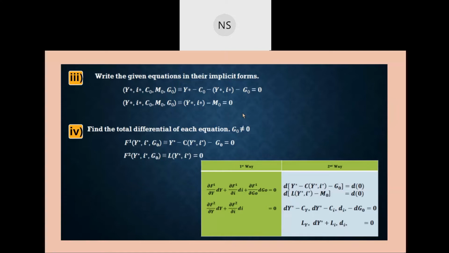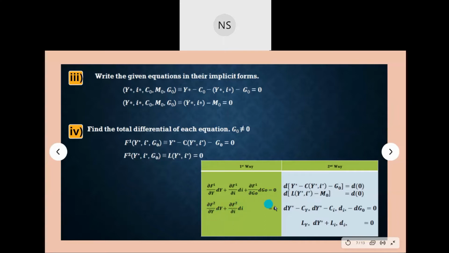The answer for equation 1 is delta F1 divided by delta Y dy plus delta F1 divided by delta I di plus delta F1 divided by delta G null dG null equal to 0. And for equation 2 it is delta F2 divided by delta Y dy plus delta F2 divided by delta I di equal to 0.